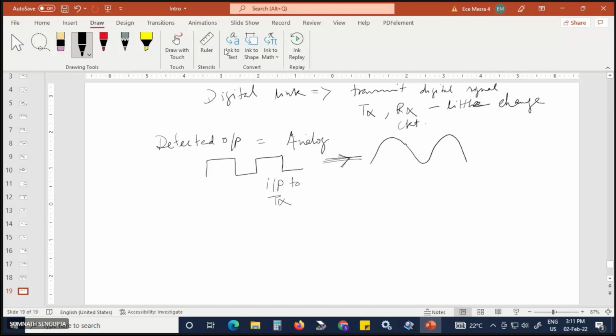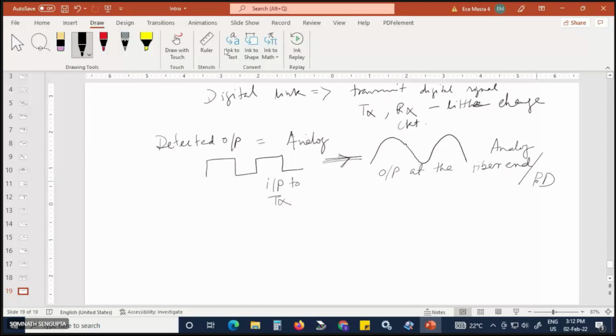This output at the fiber end, or receiver, or photodetector, is generally electrical analog.